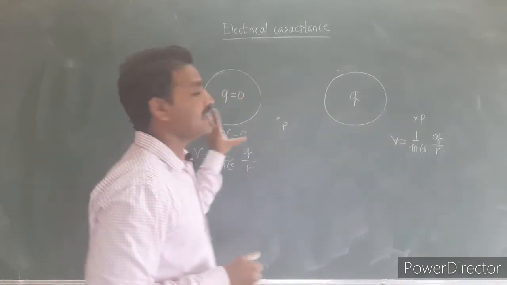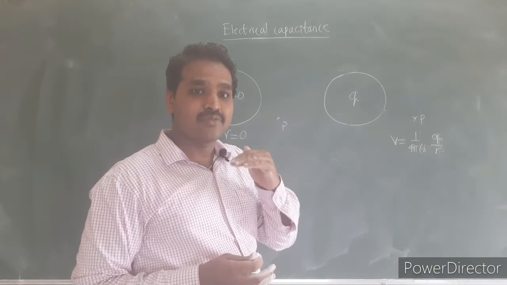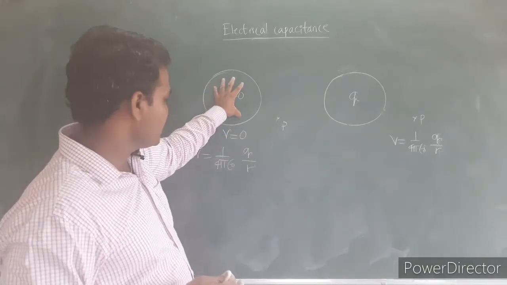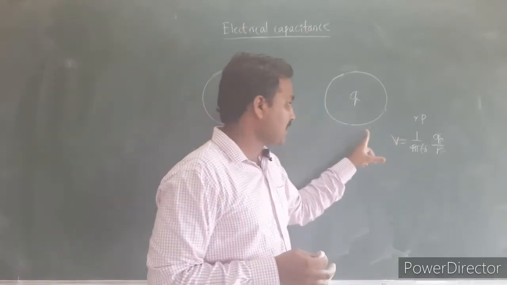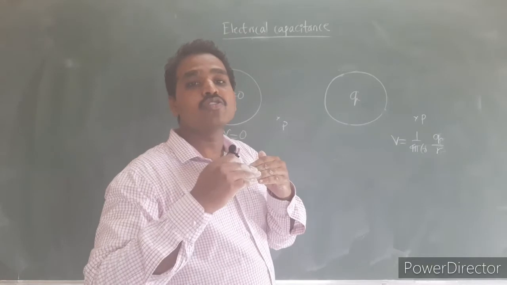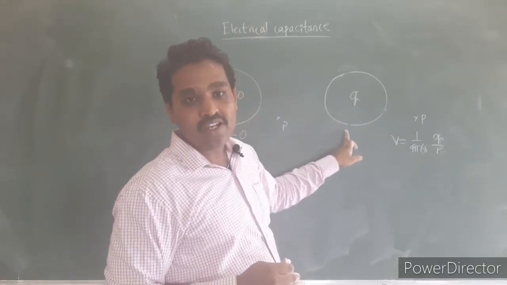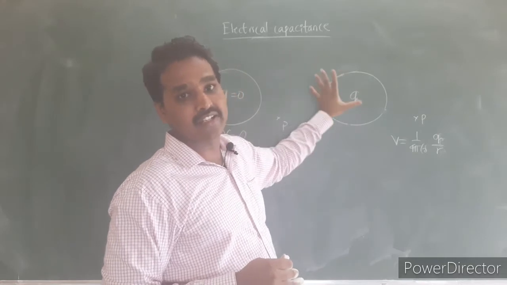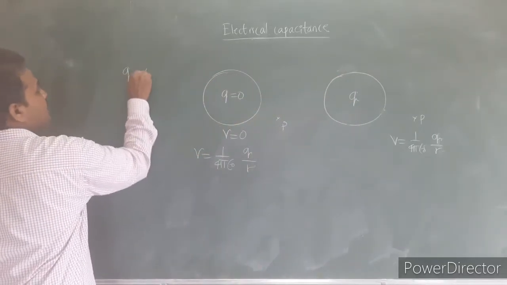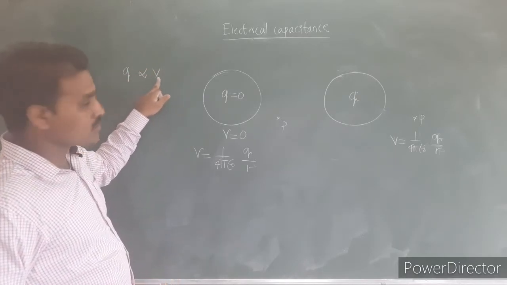So whenever any conductor gets charged, its potential increases from 0 to V. When the conductor does not have any net charge, the potential is equal to 0, but as we charge that conductor, its potential goes on rising. So this potential is directly proportional to the charge present on the conductor. So we can write Q is directly proportional to V.